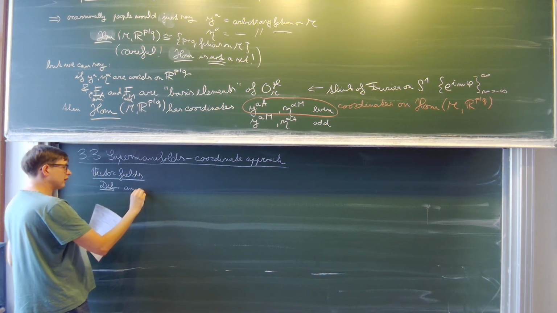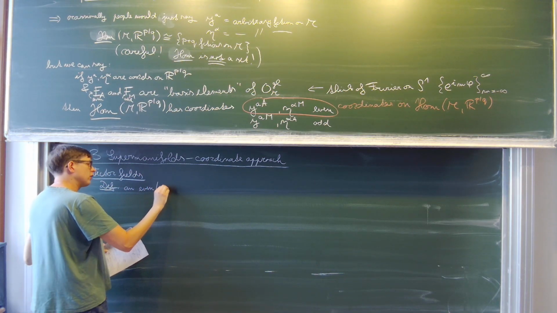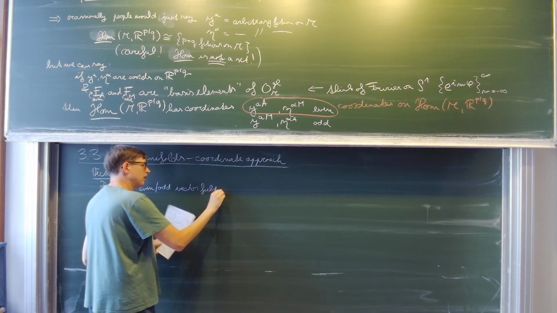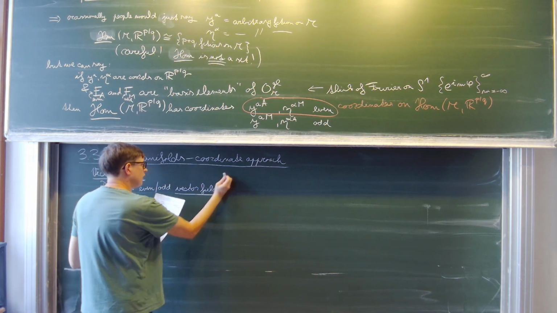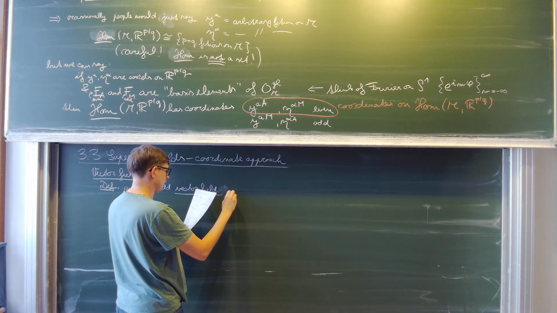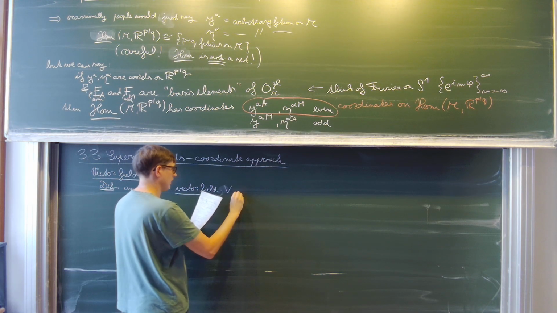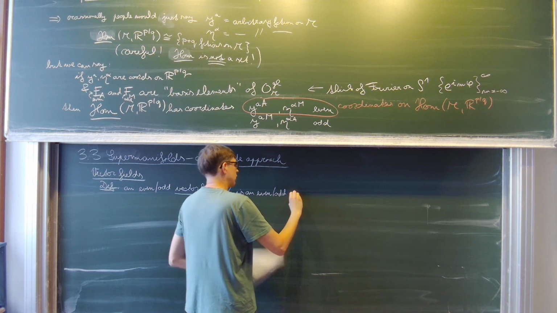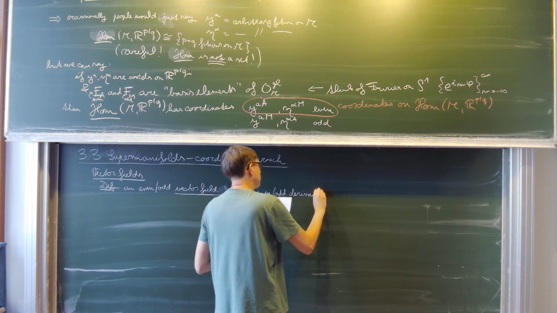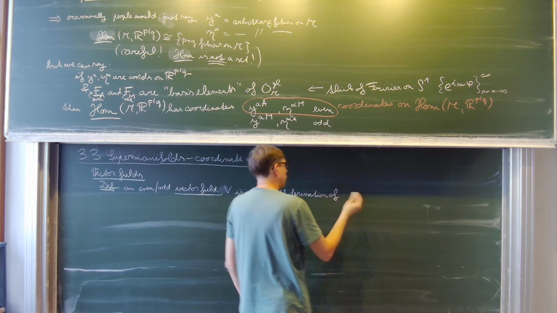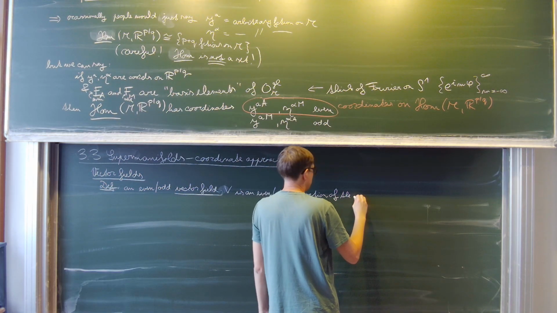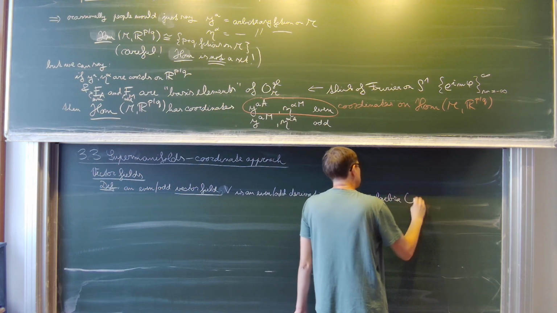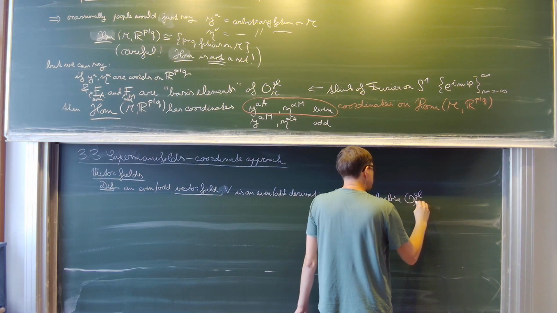An abstract definition could be that an even or odd vector field, it's two definitions in one, even vector fields and odd vector fields, is an even or odd derivation of the algebra or superalgebra of, in this case, let's say global functions on M.